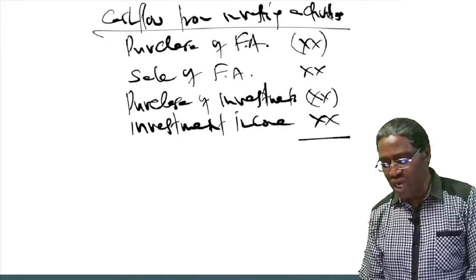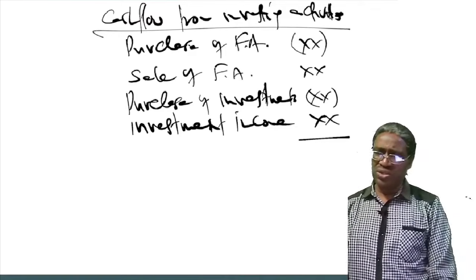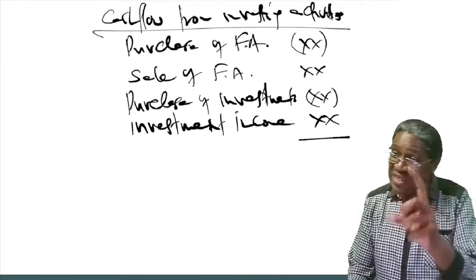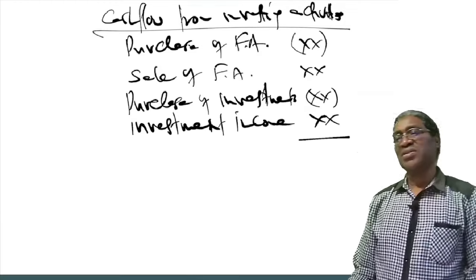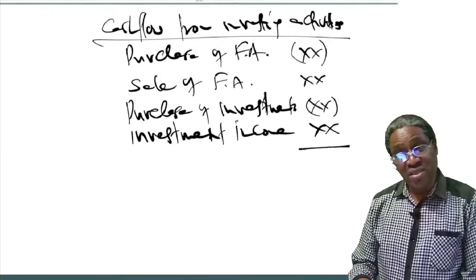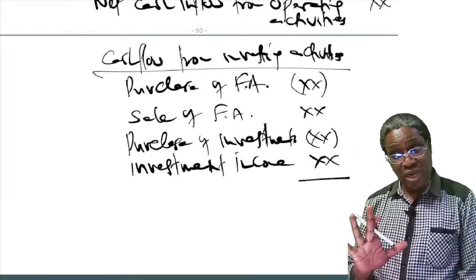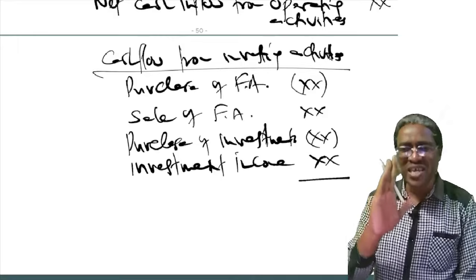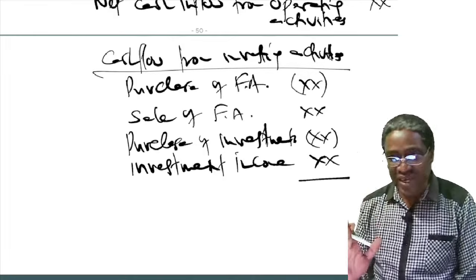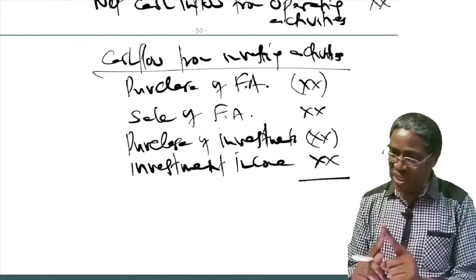Good. So for now, let me assume those are the only ones among the investing activities. Just to remind you, investing activities are those transactions and events that affect any fixed asset.